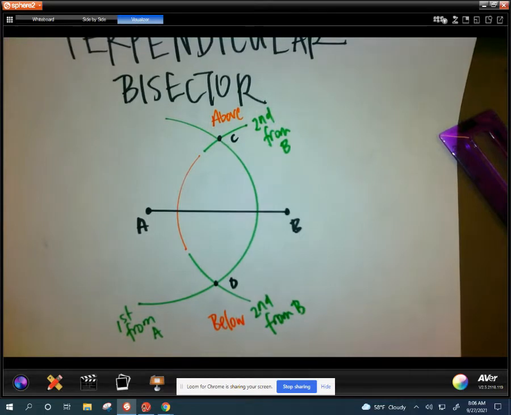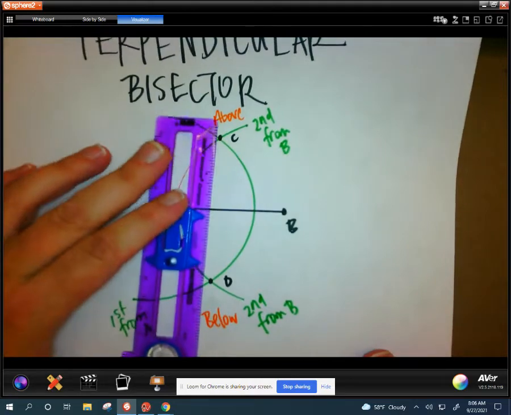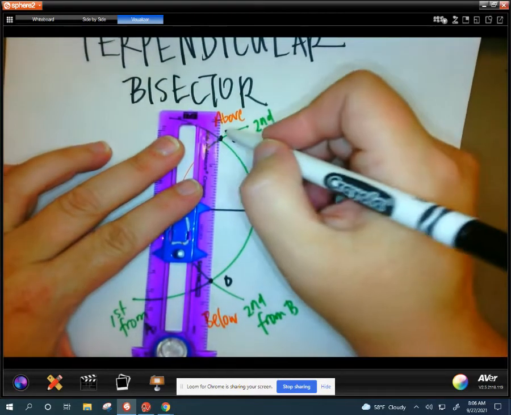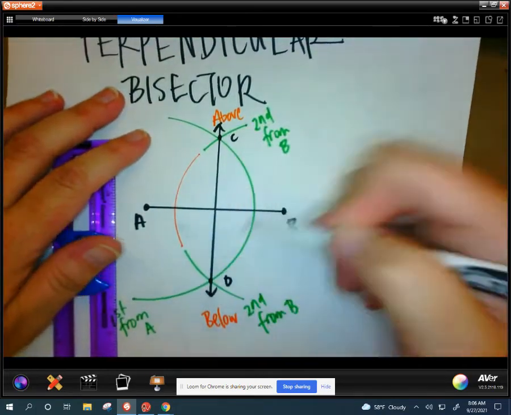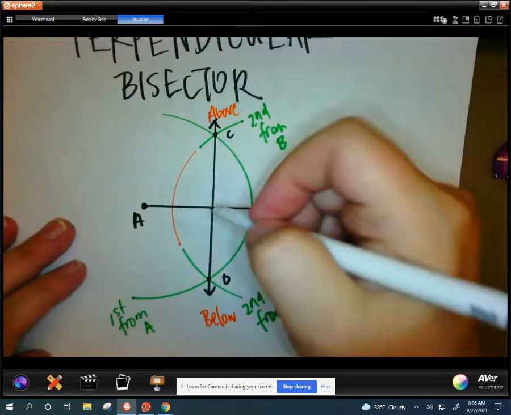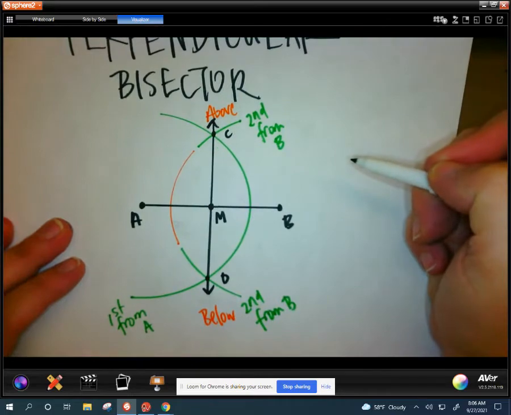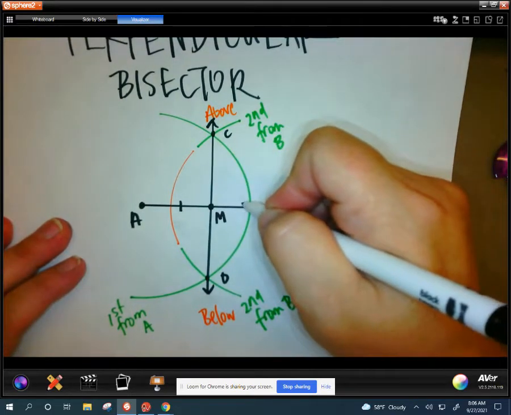And when I draw a line through CD, and I'm going to make it a line, not a line segment, this is my perpendicular bisector. So let's talk about what that's done. First of all, this right here is the midpoint M. AM is equal to MB.